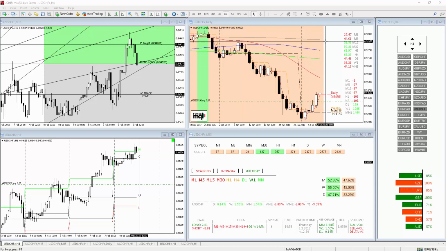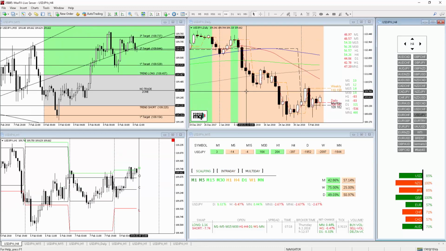The RSI remains above 50 from M15 to the H4 time frame, and we have monthly and weekly statistical forecasts in favor of a possible continuation to the upside. We also have a 71% short Swiss franc against an 85% long US dollar, so should the market remain above 0.9452, we may have a continuation of the bullish impulse.